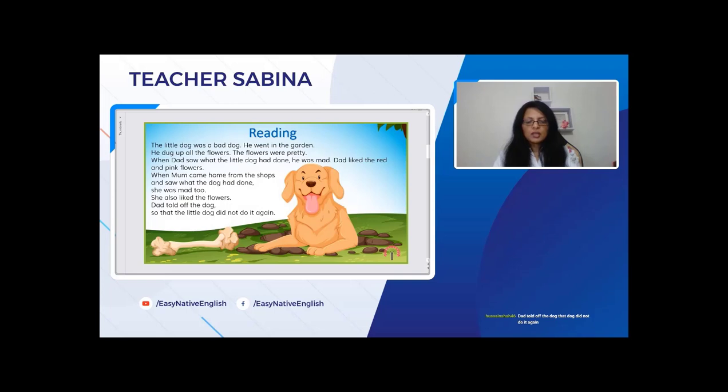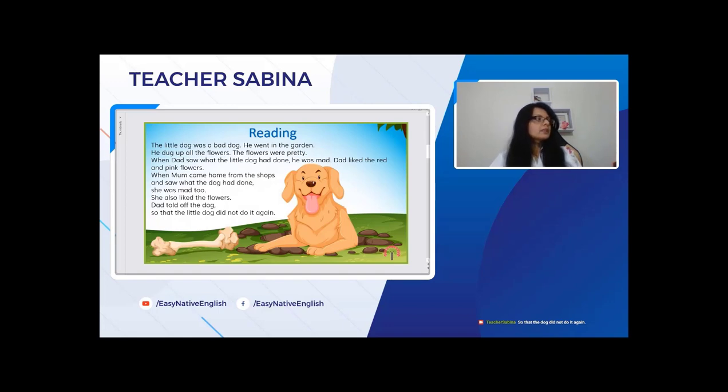So it should be so that, well done. So that you got the this time, and the first part, the dog did so that the dog did not. So Dad told off the dog so that the dog did not do it again. Okay? You need to put in the second the, so that the dog did not do it again.